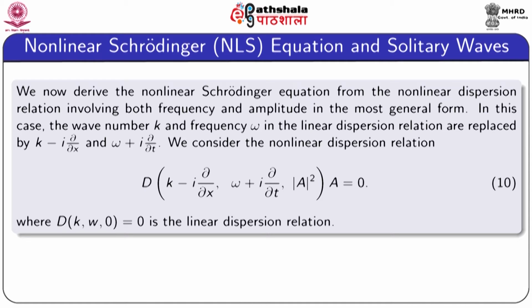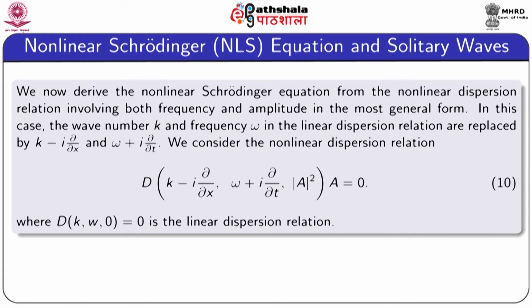Now, in this linear dispersion relation, we replace k by k minus i ∂/∂x, ω by ω plus i ∂/∂t, and we incorporate a nonlinear term |A|² in the dispersion relation. So, the dispersion relation is given by equation number 10.